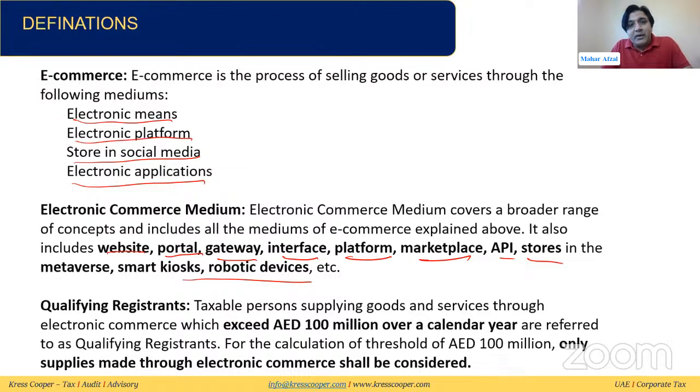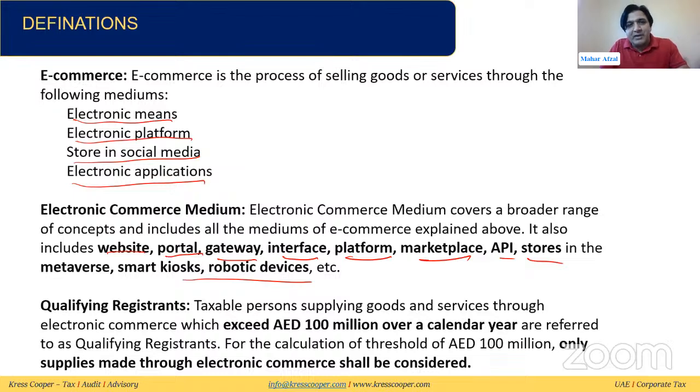The law has used the term qualifying registrant in the public clarification, not in the law itself. As we have already discussed, if the taxable person is making supplies through the electronic or e-commerce medium and the value of the supply is more than 100 million, the person is called a qualifying registrant, and the reporting requirement for a qualifying registrant is different, as we've already discussed in detail.